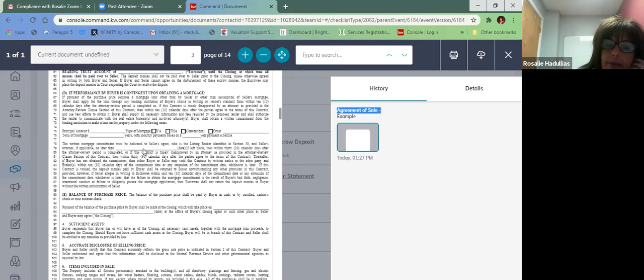And again, now you have to be careful. If that mortgage commitment date comes and goes and you didn't get an approved extension, the seller can go ahead and put this property back on the market, and your buyers can lose the deal.